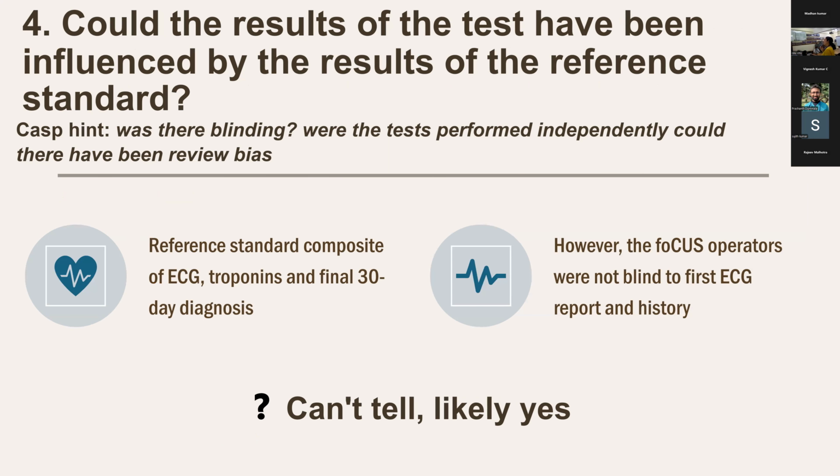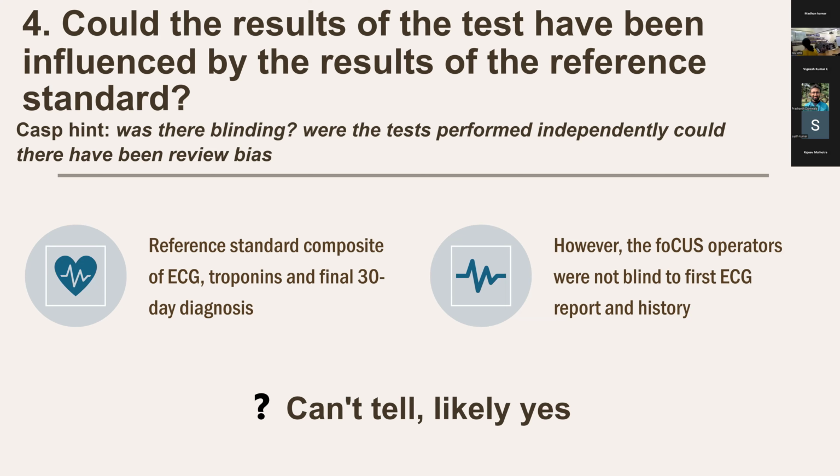Now, could the results of the test have been influenced by the results of the reference standard? Because technically the reference standard was at the end of 30 days, theoretically it shouldn't affect it. But an important point was the focus operator, that means the person doing the ultrasound, was not blinded to the first ECG or history.